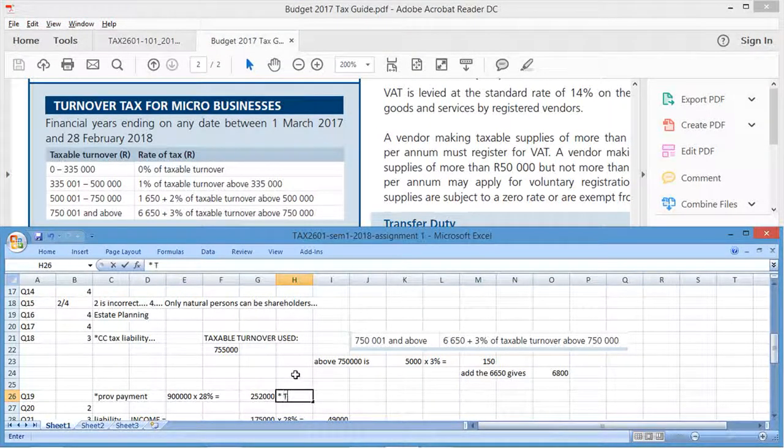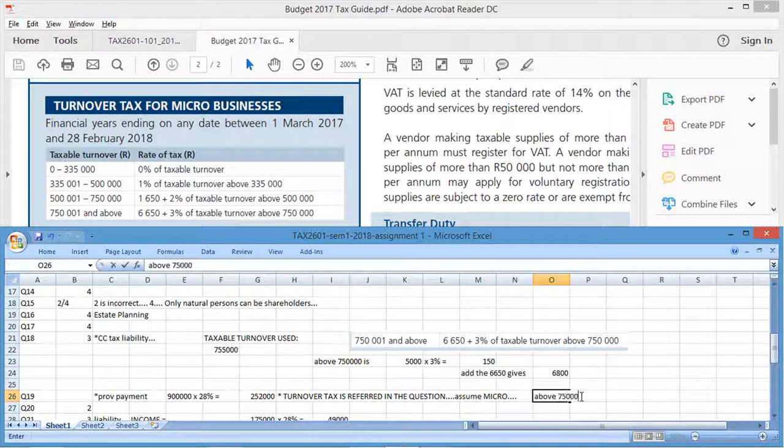Asterisk: turnover tax is referred to in the question, so assume micro business. Right, if it's a micro business, I'm going to be using that equation again, which is what I had above here as well. So I'm going to do the same thing again.